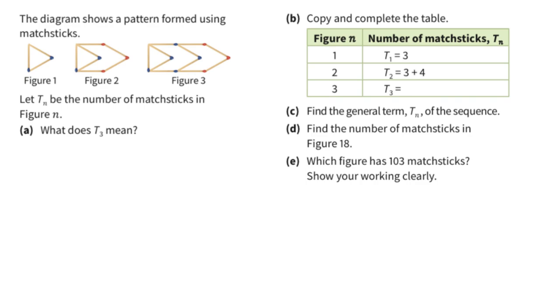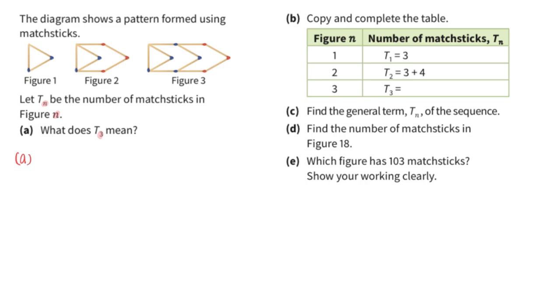The following diagram shows a pattern formed using matchsticks, and there is a very important statement here. Let Tn be the number of matchsticks in figure n. So that means I'm going to highlight the n and the n. So what does T3 mean? Using the same phrasing for part A is pretty straightforward.